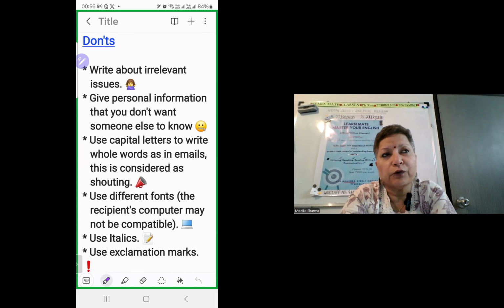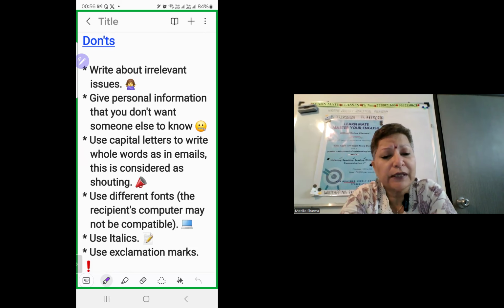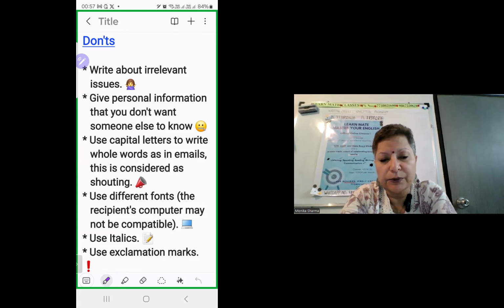Do not use different fonts. Sometimes you feel okay, the Times New Roman or the Calibri font is seeming very boring. So let me use some other kind of font, could be Algerian or some other newer font. Now, what is going to happen? The moment you use that kind of a font, there is a great possibility that the person on the other hand does not have that font in his computer.